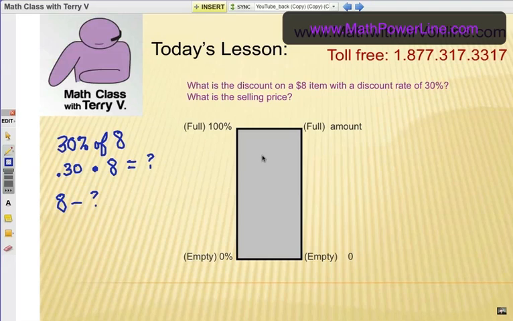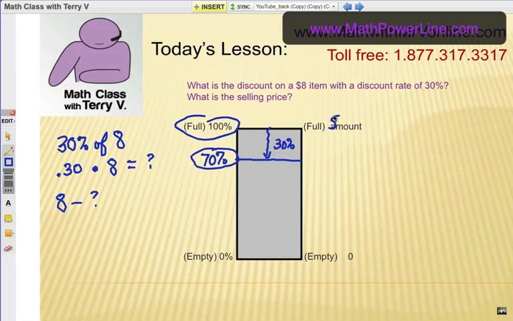Now, if we do this as a proportion, look at my model here. Think of it as a glass that's full. You're going to actually subtract 30%, right? So you're not going to pay the discount amount. You're only going to pay 70% of the price. So we have the full price, and we have the amount you're going to buy it for.